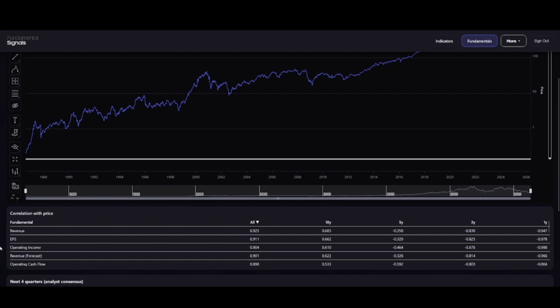Now I showed you on the graph, but let's look at the numbers. So the correlation with price. So fundamentals that correlated with price. First, revenue. Overall, revenue had very strong correlation with the price. But in the last 5 years, especially the last 1 year, look at this one year, the correlation has been negative.